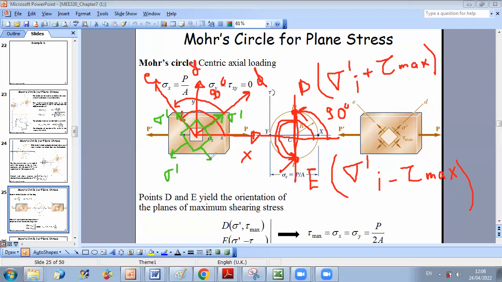Now concerning tau, as I told you, since you have here at point D a positive shear coordinate, this represents minus tau dE. This means that the shear stress on this face should be negative.